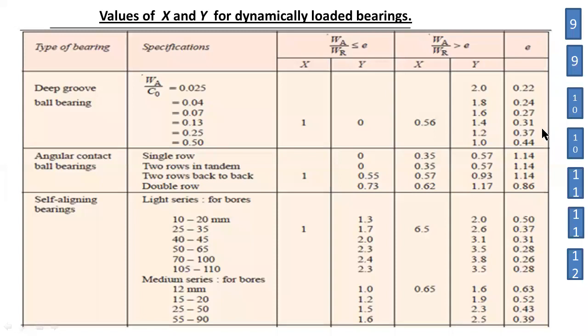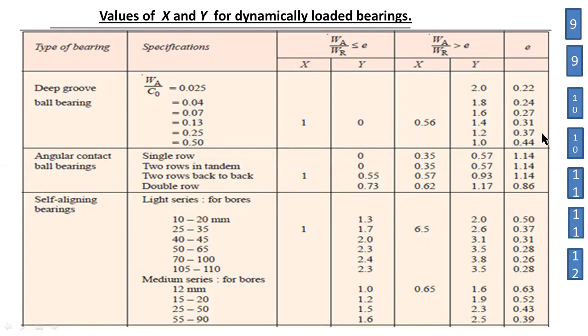So you have to consider the nearest value, 0.44. It is the nearest value to 1.25. So the values of X and Y you have to consider here.